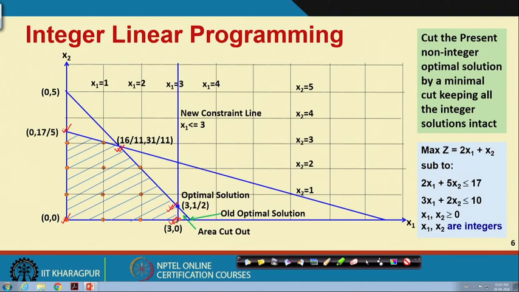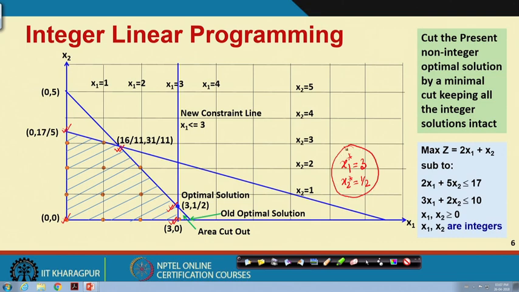So, we have 5 corner points. Now, the optimal solution at this point of time is this point, where x1 star equal to 3 and x2 star equal to half. So, this is our new solution space.